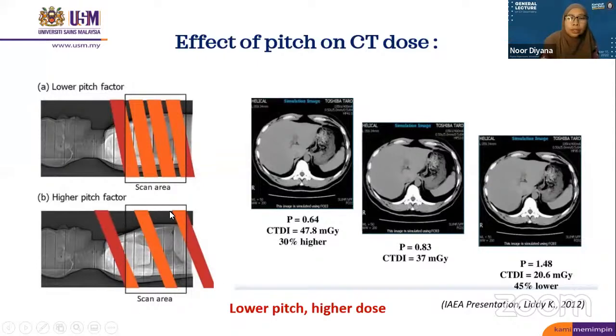With a higher pitch, the concentration of the dose is smaller, because some parts are not covered by the beam.